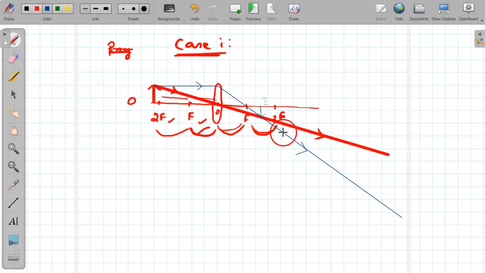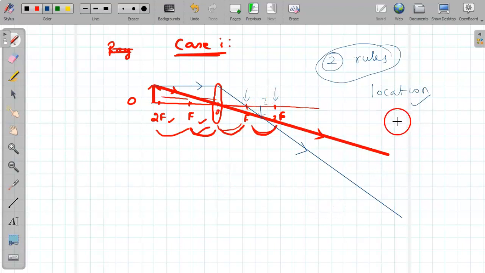Okay, now two rays, if you see this, I used only two rules, and then I find the location of the image. Where is the location? It is in between F and 2F. It is in between F and 2F, the image is located. And what is the nature? Nature of image?